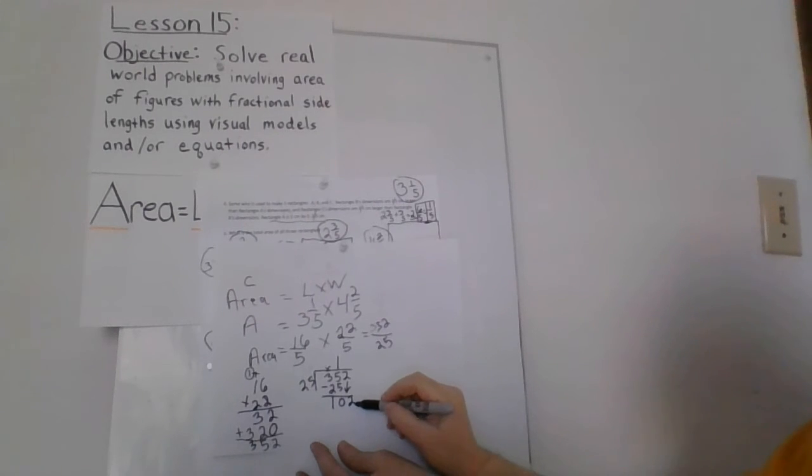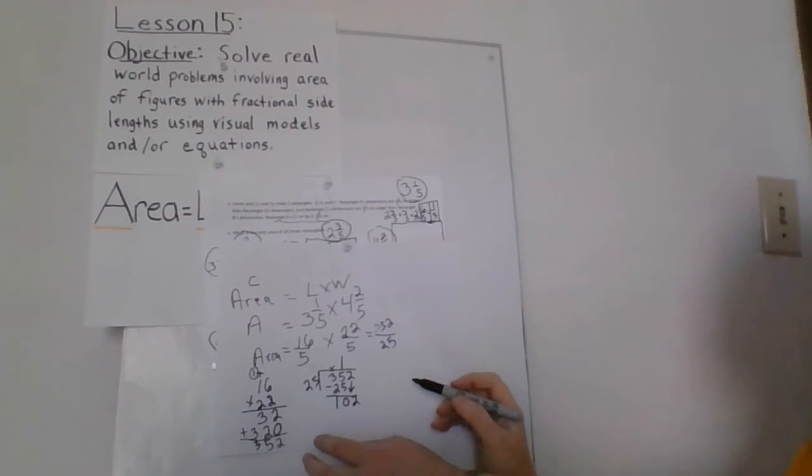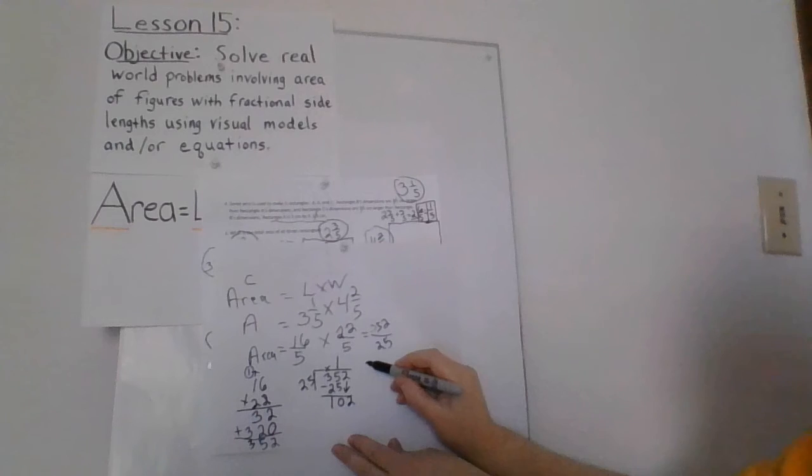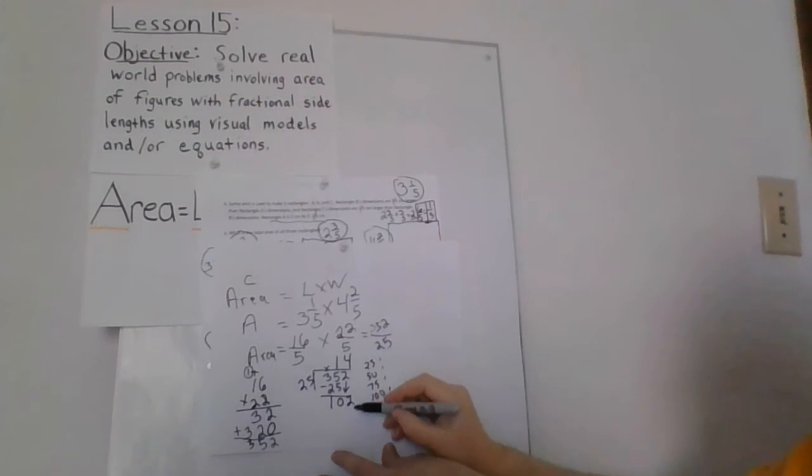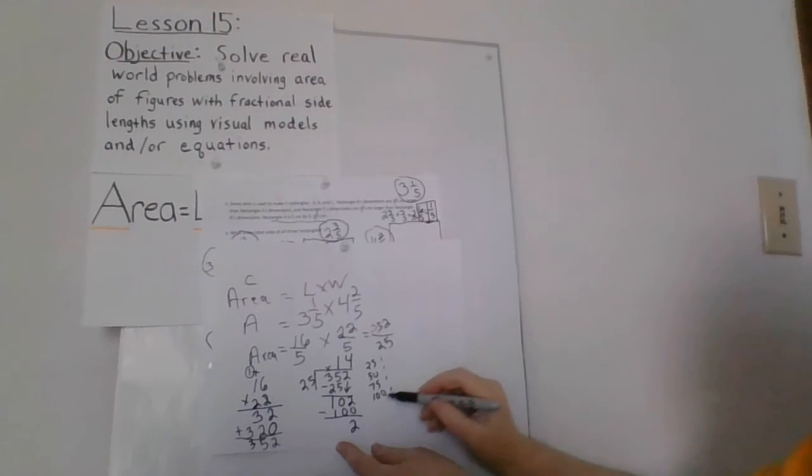Bring down the 2. How many 25s go into 102? Well, if I skip count by 25, 25, 50, 75, 100. 1, 2, 3, 4. It fits in 4 times, and 4 times 25 was 100, with 2 left over.